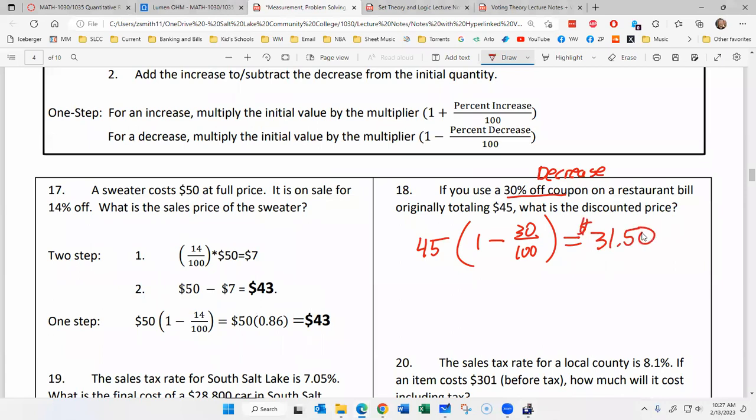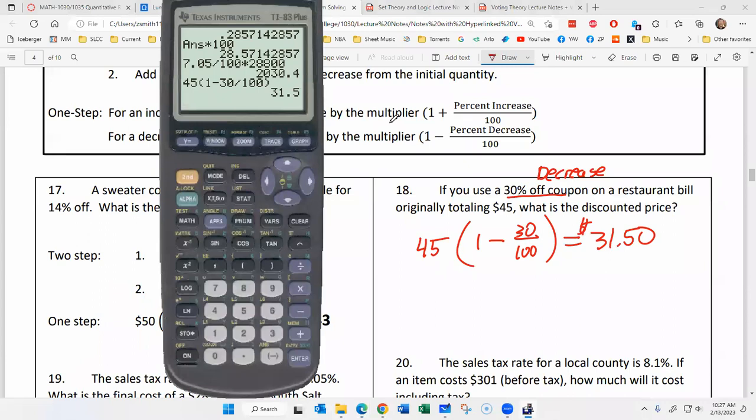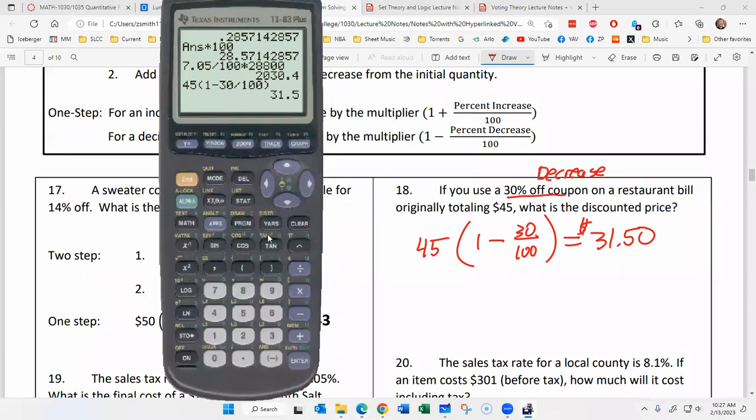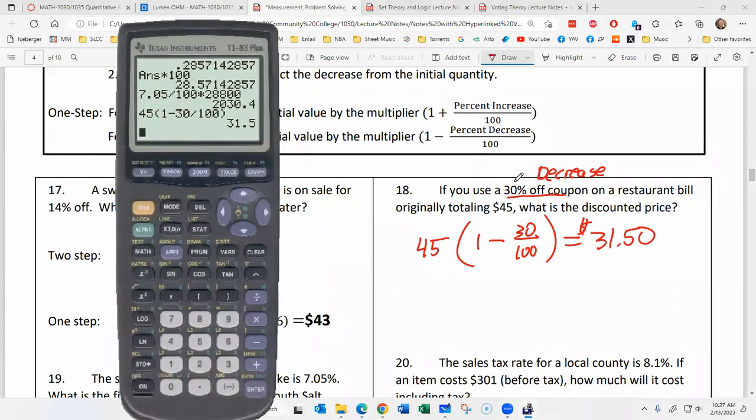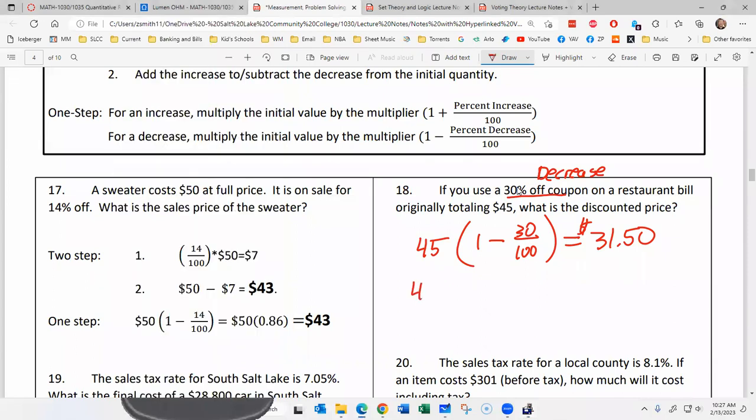Now that method is so fast, it's like, do I have to memorize that? Really, what's going on? If I cut off 30% of the bill, I still need to pay 70% of the bill. If I have a 30% off coupon, I still have to pay 70%. And so this is really just what is left of the bill.